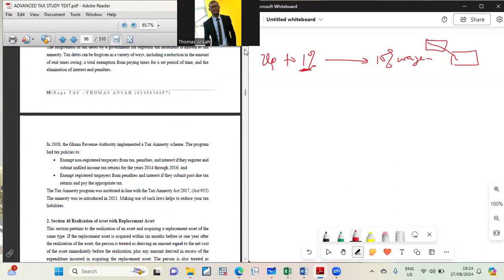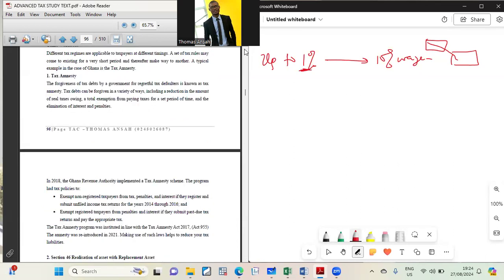Then we come to the time variable. You've heard the aspirant presidency of the MPP saying that when he comes, he will give some tax amnesty. Tax amnesty is something that comes once in a while. In the whole of Ghana, it has happened 3 times since constitutional days.